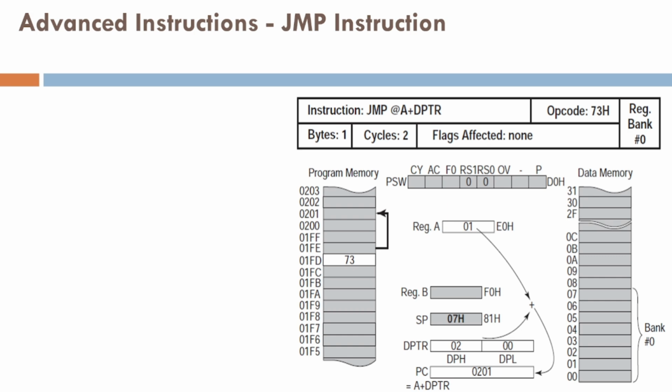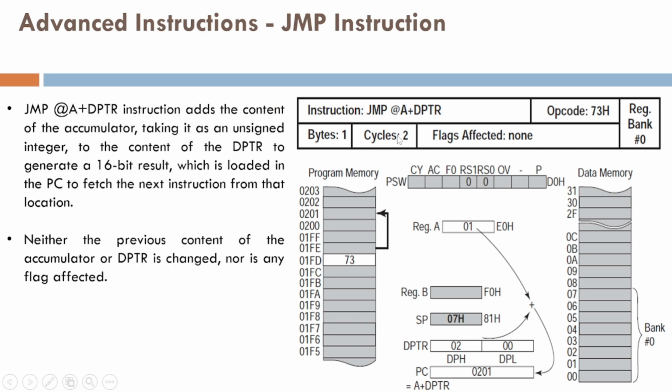In this case, the first jump instruction that we are considering is JMP @A+DPTR. What happens is the content of the accumulator is taken as an unsigned integer and added to the content of DPTR to generate the 16-bit result.